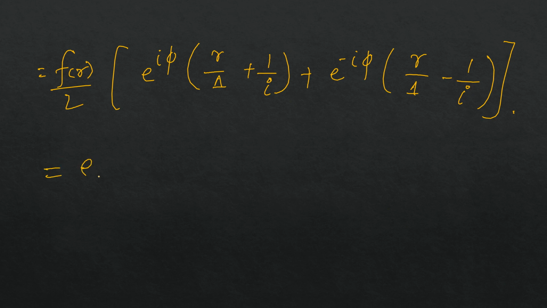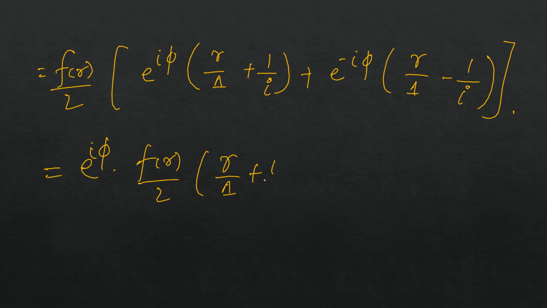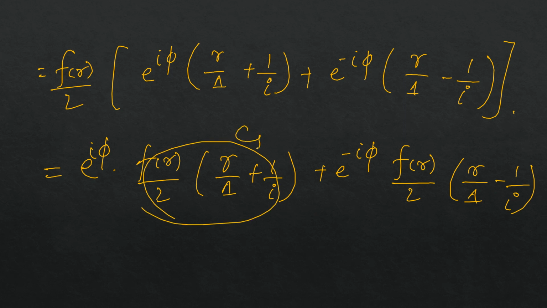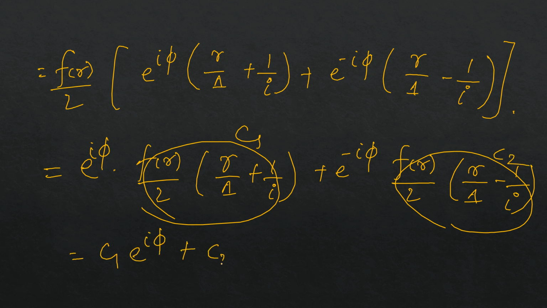So I write e to the power i phi times f(r) by 2 (r by delta plus 1 by i), plus e to the minus i phi times f(r) by 2 (r by delta minus 1 by i). I can write the first coefficient as C1 and the second as C2. So this becomes C1 e to the power i phi plus C2 e to the power minus i phi.